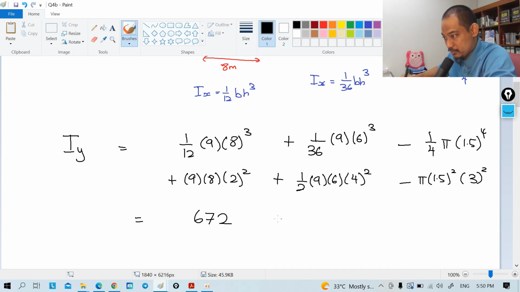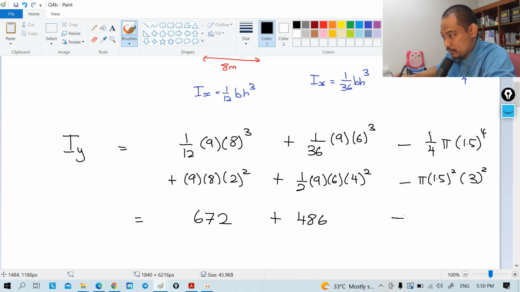Plus 486. Again, 1 divided by 36 times 9 times 6 cube plus 1 divided by 2 times 9 times 6 times 4 square, 486. Alright. Minus 1 divided by 4 times pi times 1.5 power of 4, then minus pi times 1.5 square times 3 square.